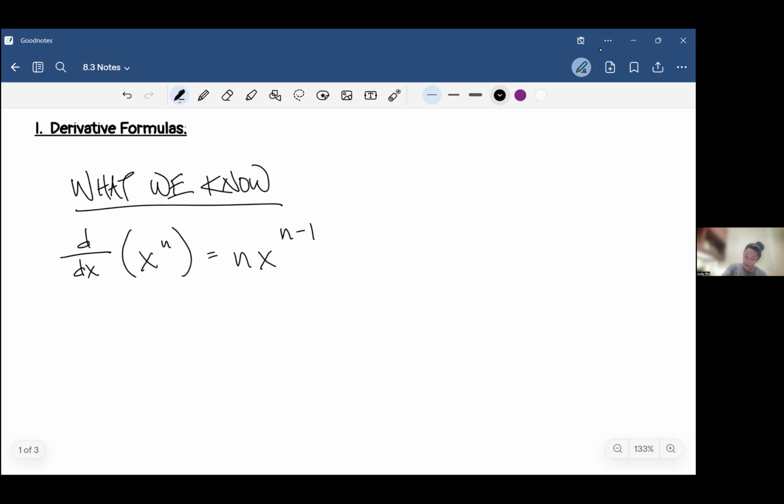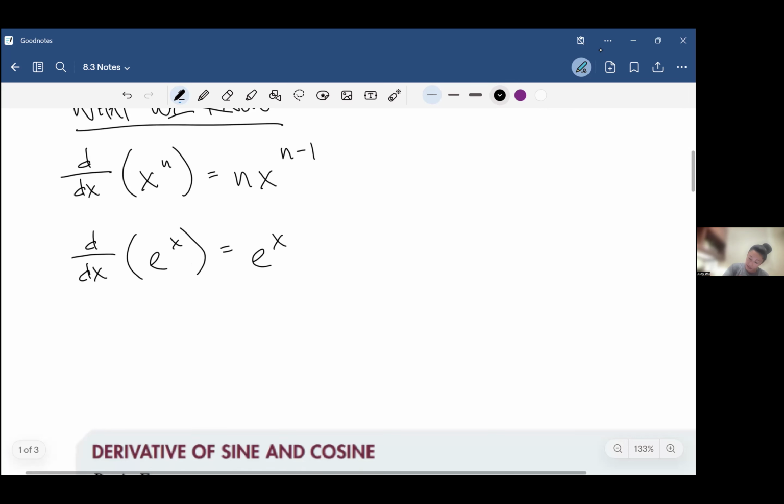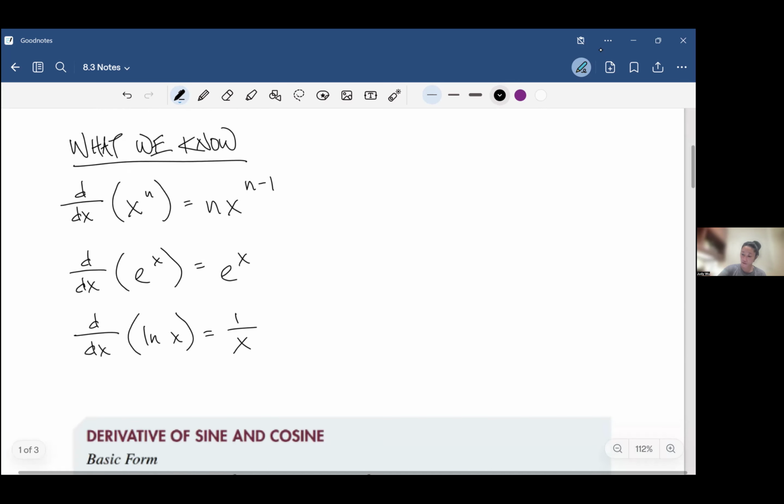What else do we know? We know that if we take the derivative of e to the x, we end up with e to the x. And we know that if we take the derivative of natural log x, we end up with 1 over x. So these are sort of our basic rules.